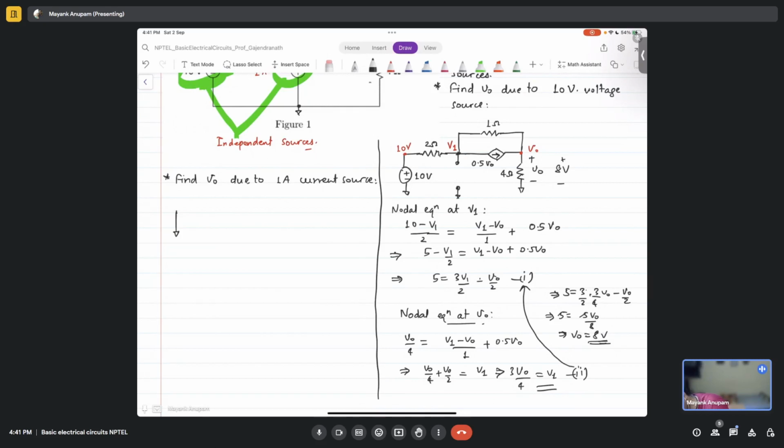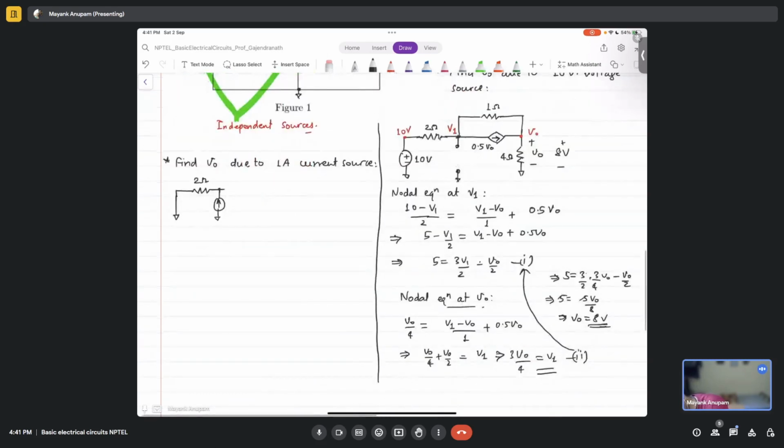So I have shorted the 10 volt voltage source. Then I'll have this resistor here, which is 2 ohms resistor. This is IS, which is in this direction here.